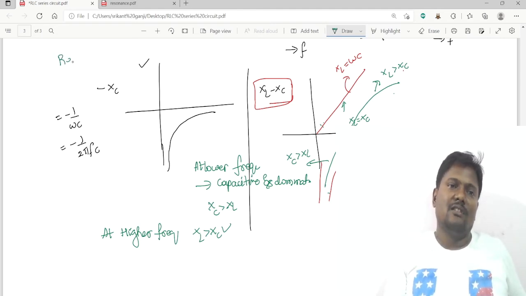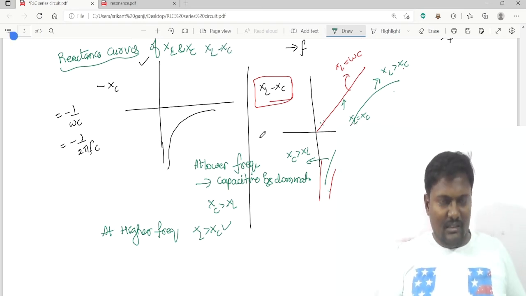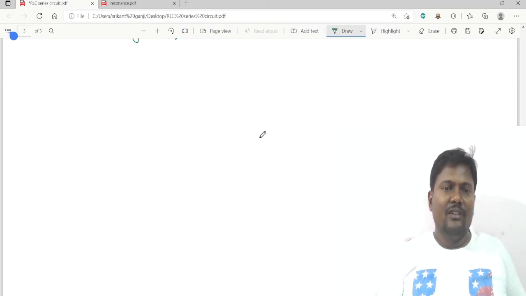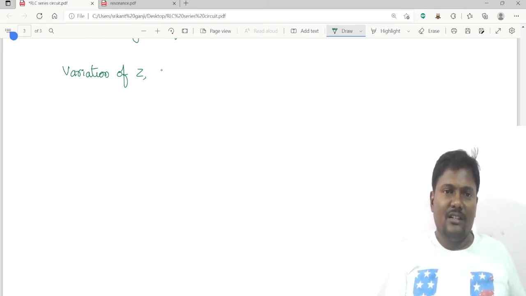So the first property is the reactance curves of XL, XC, and XL minus XC. After that, the variation of impedance and current. Z is equal to R plus j into XL minus XC.